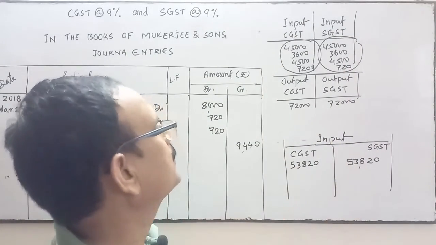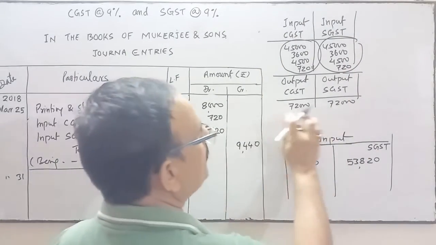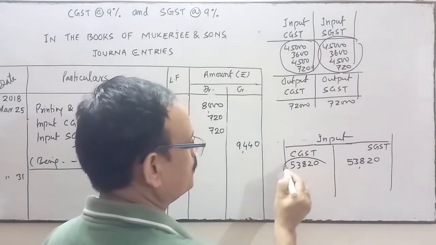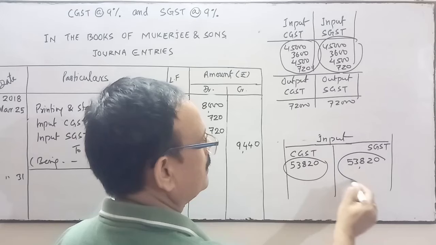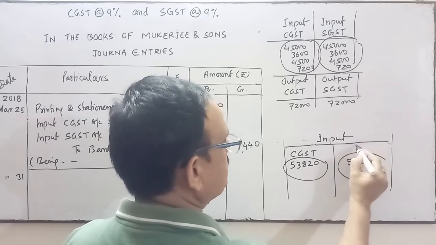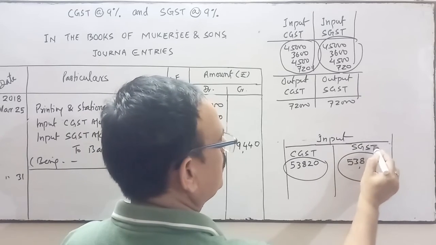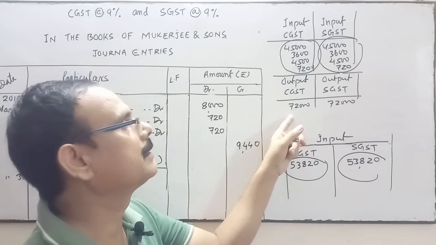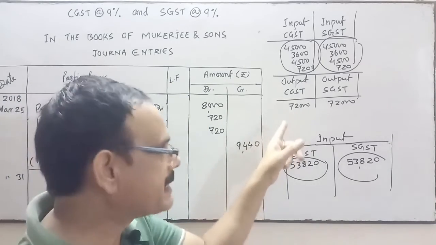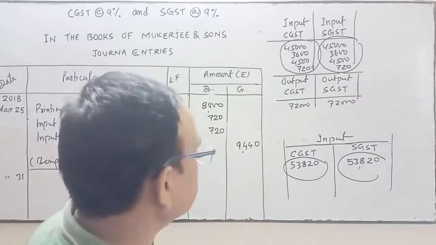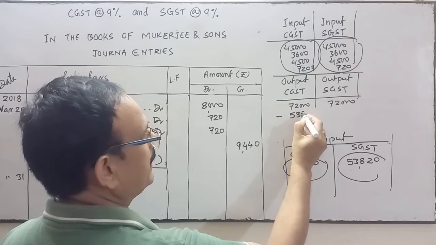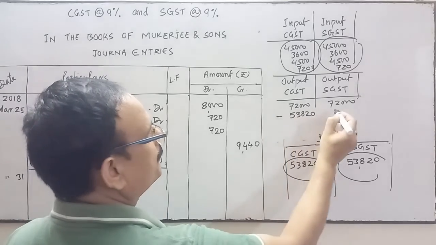Now output is how much? Output is this much. So this input CGST and SGST will be settled with the output. We are going to settle 53,820.